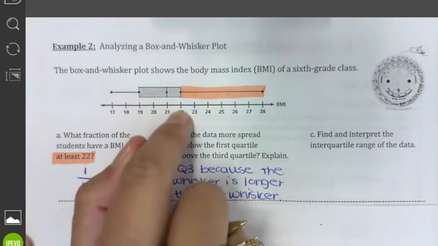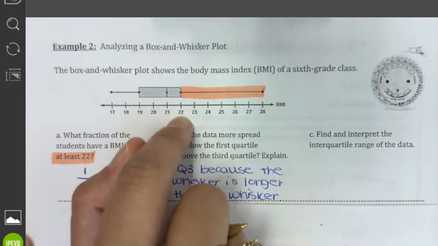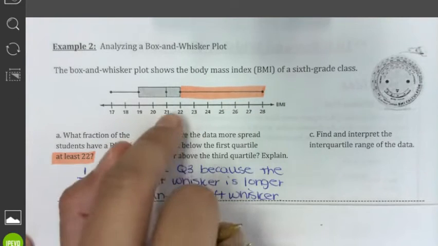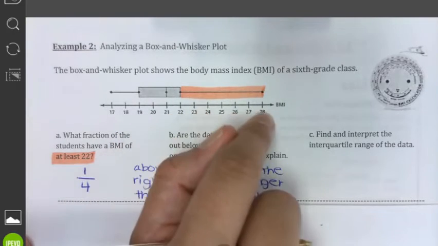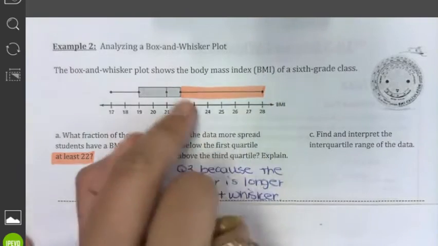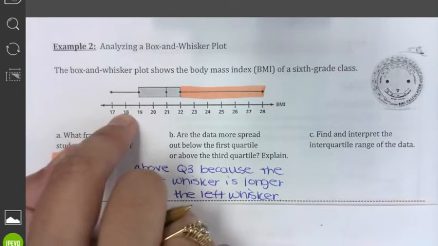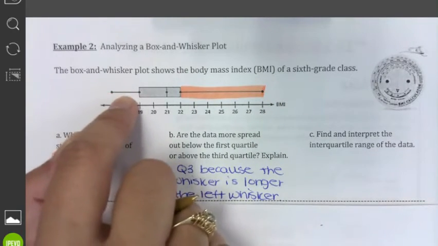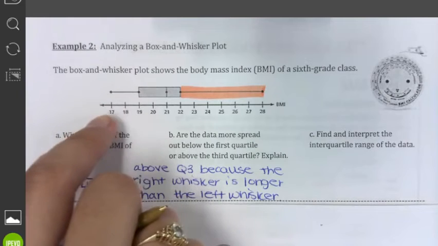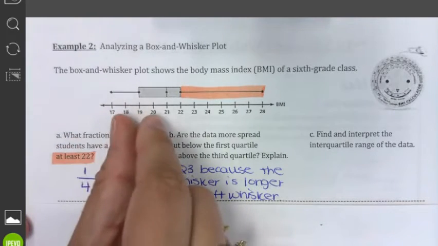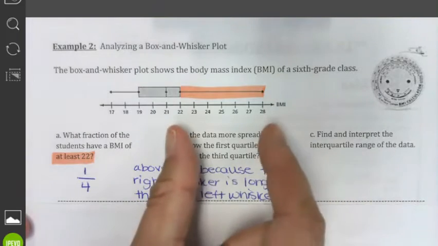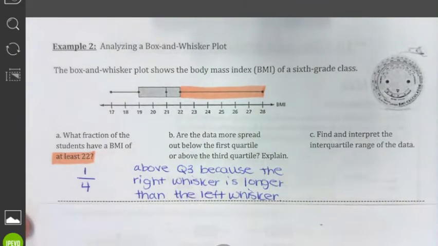So again, this whisker on the right side ranges from 22 to 28. So maybe the numbers are 22, 24, 26, and 28 that make up that range. But over here, there's also going to be 4, I'm just making this up, 4 data values, but maybe they're 17, 17, 18, and 19, which are a lot closer together than 22 through 28.